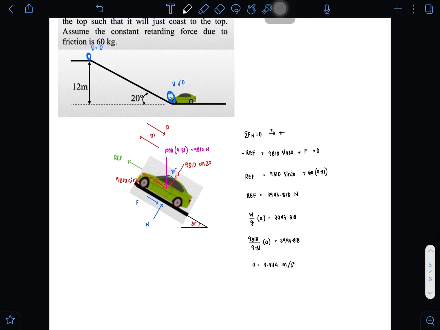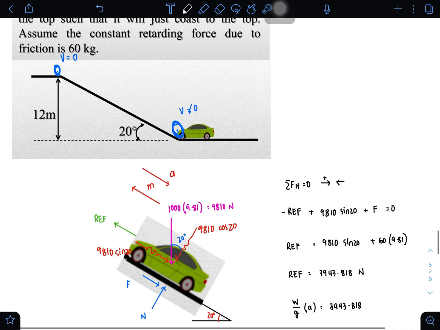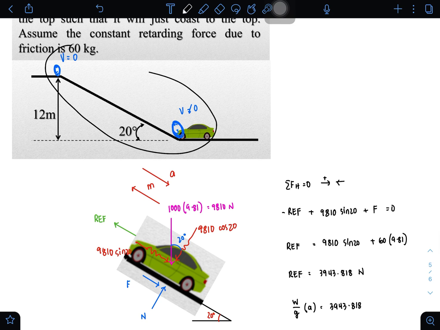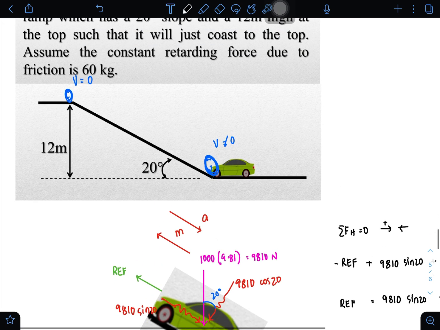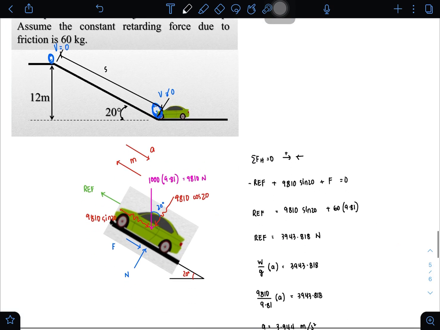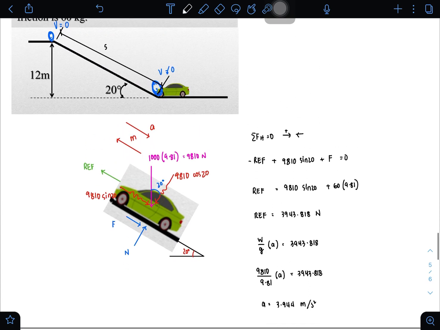Our final answer derives from this one. We're gonna find the distance that the car travels. So what is the distance from here up to there? So we're gonna find this distance first before we get the initial velocity. So we're gonna call that S. Where can S be found?